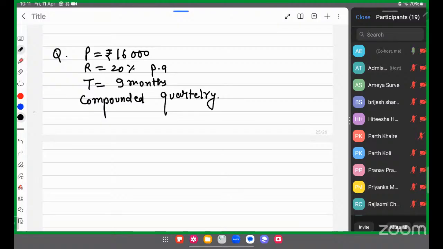So how will you solve it? Principal amount is given to us, interest rate is given to us, time is 9 months.